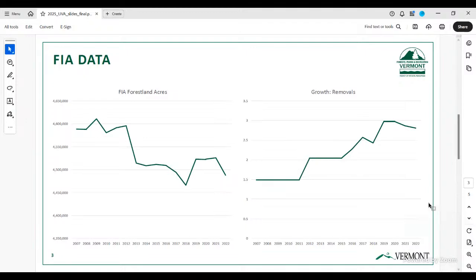So looking at the left vertical axis there, it's not at 0 at the bottom, it's a little over 4,300,000. And then the top is 4,600,000. And this is forest land acres in the state. So I guess we've heard a number of times, 4.5 million, roughly, that's what this is showing. There's fluctuations from year to year just because of how the inventory estimates it, but it's pretty steady when you look at it.